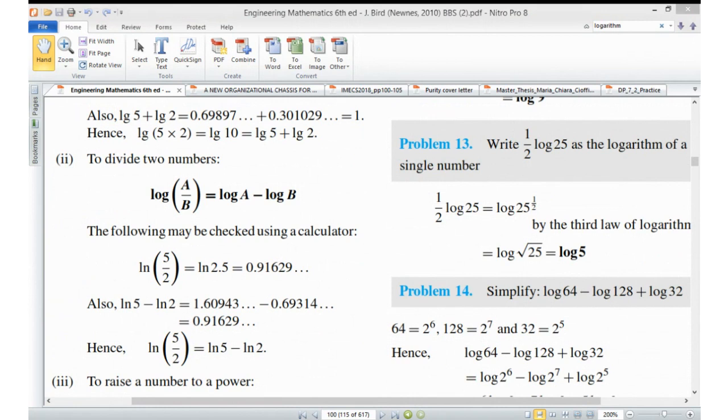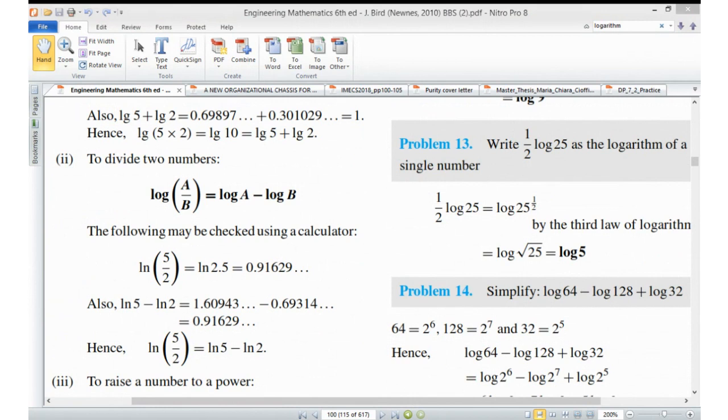A check is provided there. So you get the specific logs for 5 and 2, then you subtract, and you're going to arrive at approximately the same answer.